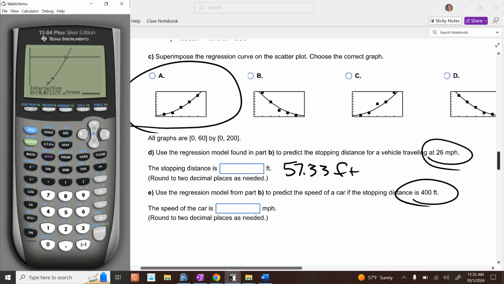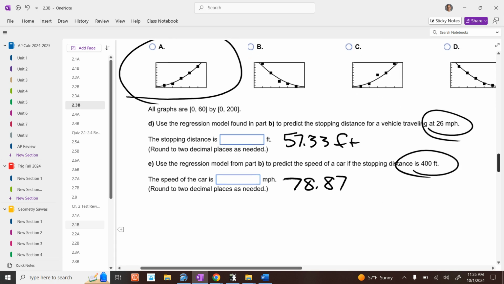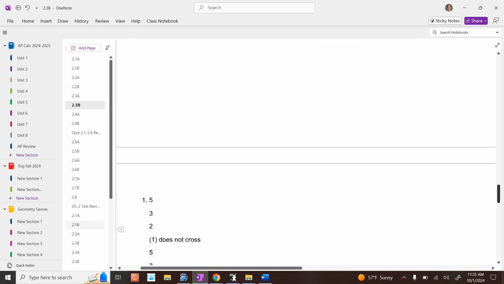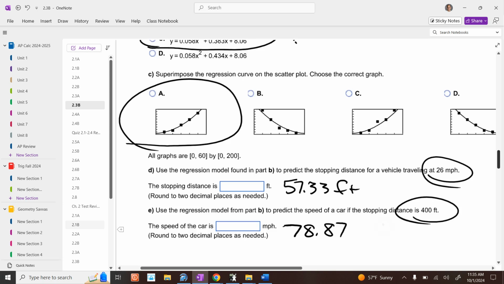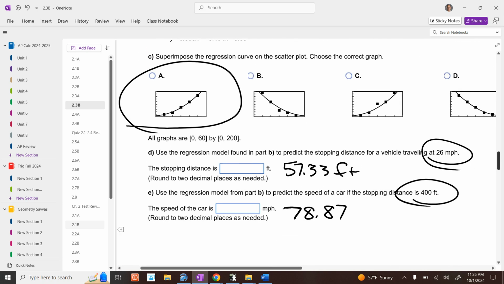My intersection is at 78.87. So if they're going 78.87 miles per hour, it should take them about 400 feet to stop. Okay? So our last question is a good one where we use the regression stuff on our calculator.